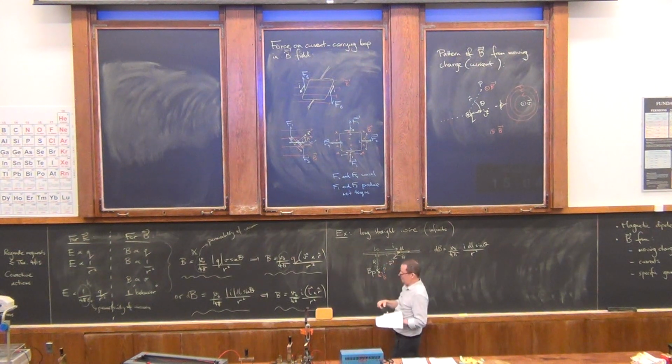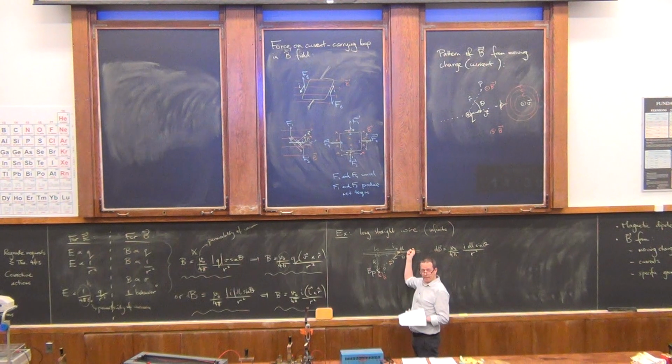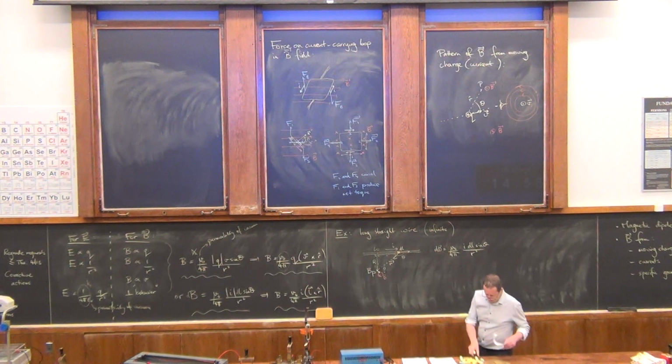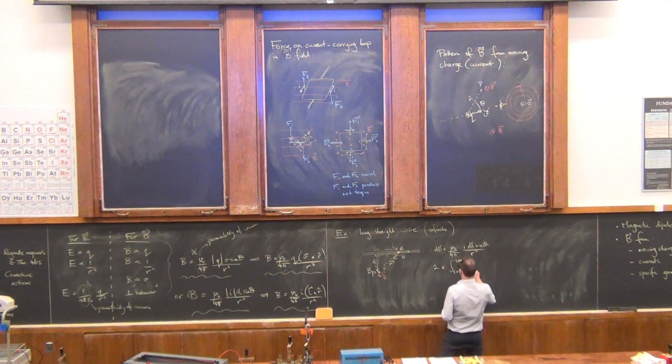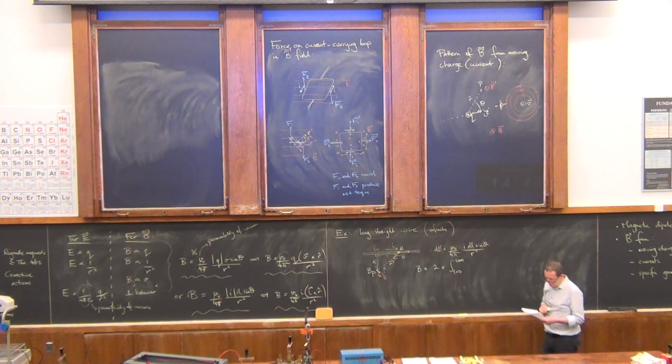So what I'm going to do is split this into two halves, calculate it for one half, and double the answer. It's exactly what we did for an infinite line of charge when we were calculating E fields. So I'm going to take 2 times the integral from L equals 0 to L equals infinity to get the total magnetic field magnitude.